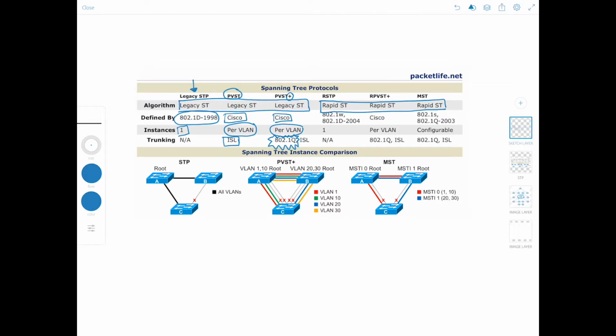However, RSTP still only provides for a single instance of spanning tree, and Rapid STP was later incorporated into the 802.1D-2004 standard.